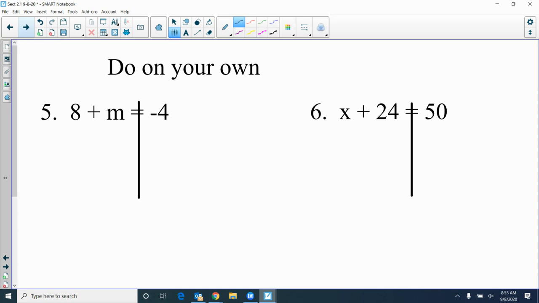Make that an equals. Make that equals 50. Again, now draw that line underneath. Anytime you add or subtract, do it on both sides. You need to draw that line underneath everywhere, even if you get it right.